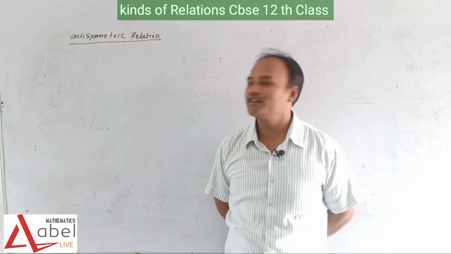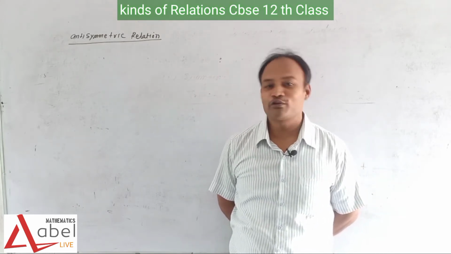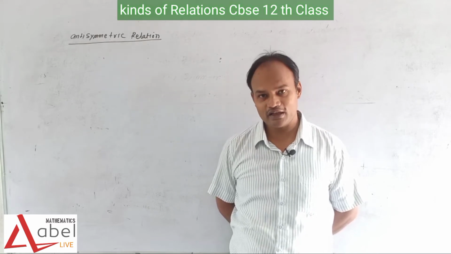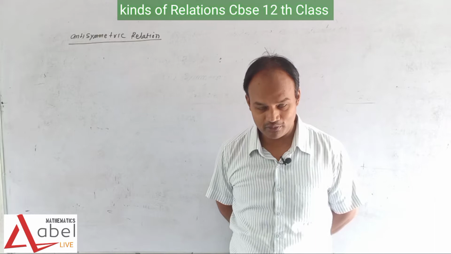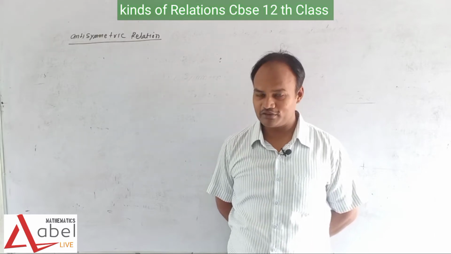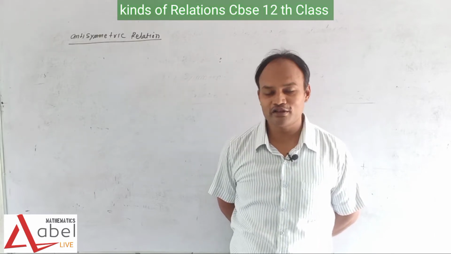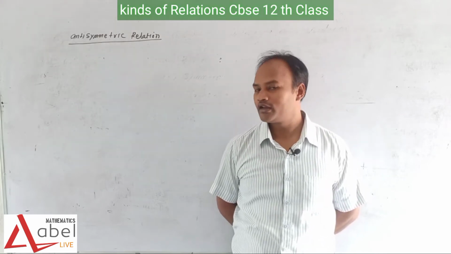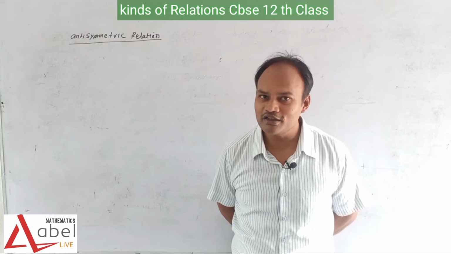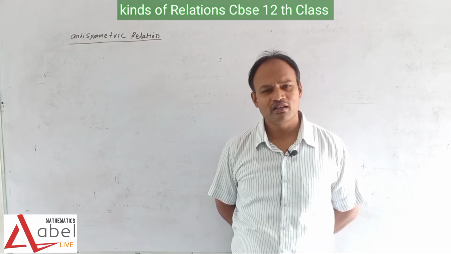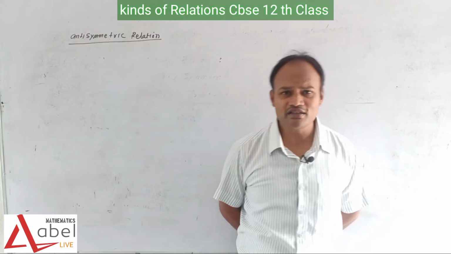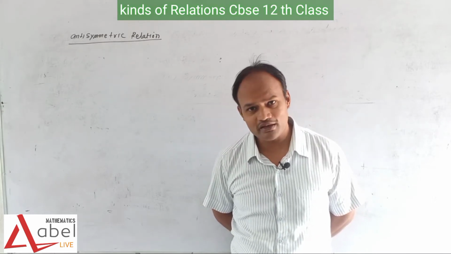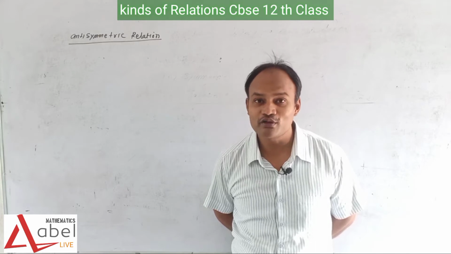When we are talking about the anti-symmetric relation, suppose ARB is possible, which means A is related to B, then B is related to A. A related to B, B related to A, it looks like a symmetric relation. Am I right? But it is not enough, students.